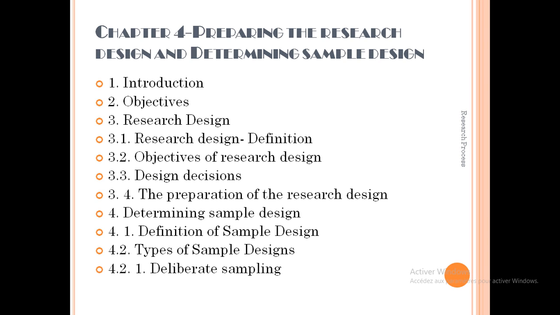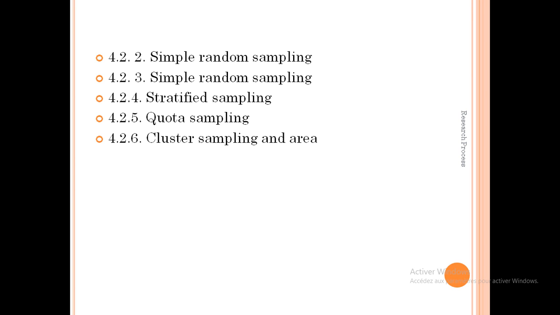There are sometimes 8 types, starting with the first one, deliberate sampling, simple random sampling, stratified sampling, total sampling, cluster sampling, area sampling, multi-stage sampling, sequential sampling. These samples are conducted in real time, in order to make you know and understand the whole process.